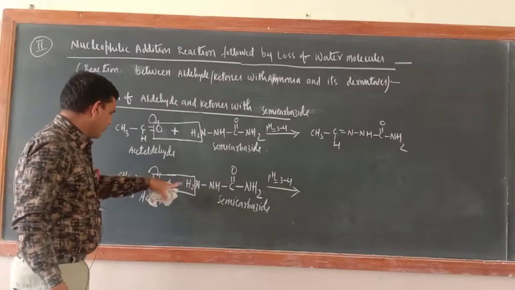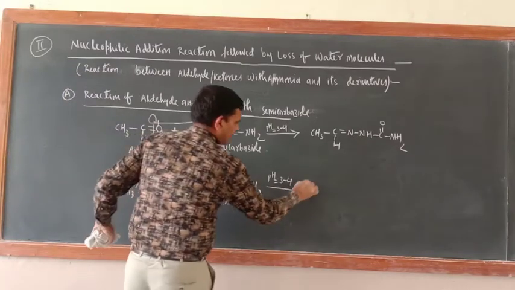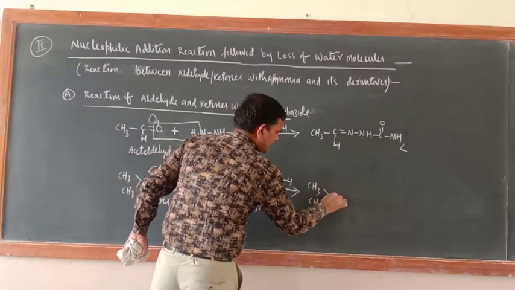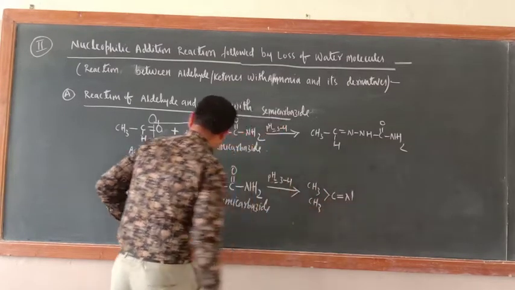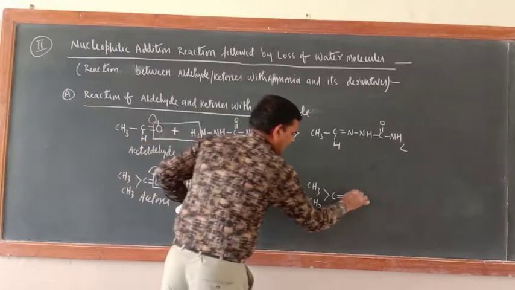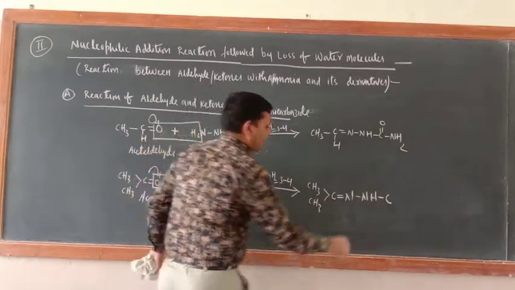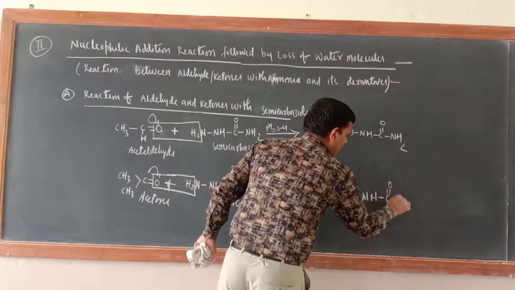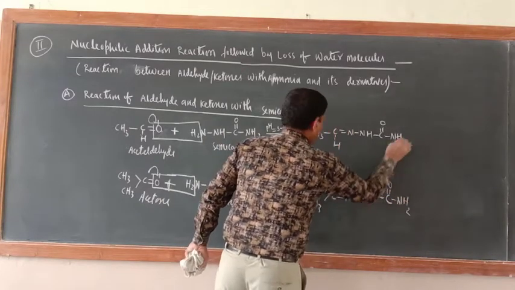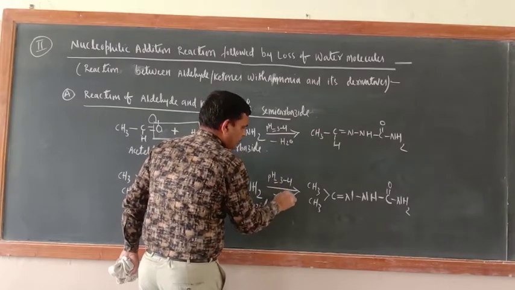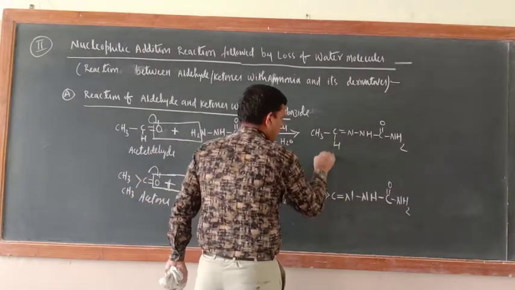Here also, H2O is removed. What is left? The left one is CH3, C double bond N, then NH, then C double bond O, NH2, plus minus H2O here, here also H2O. So what is the name of this product?